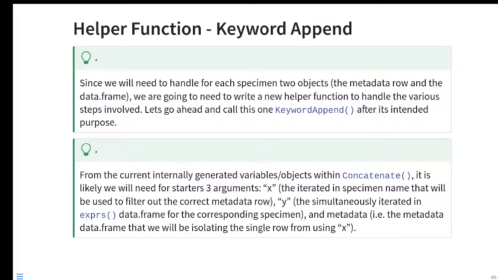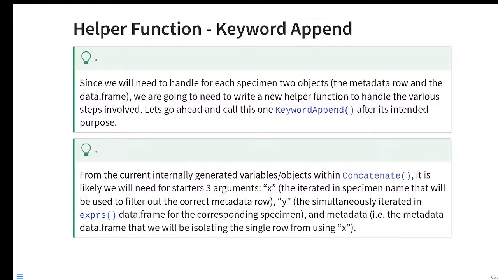So from the current internally generated variables or objects within Concatenate, it is likely that this one is going to need at least three starter arguments to begin with. So x, which is basically the iterated-in specimen name that we're going to use to filter the metadata data frame for the correct row.